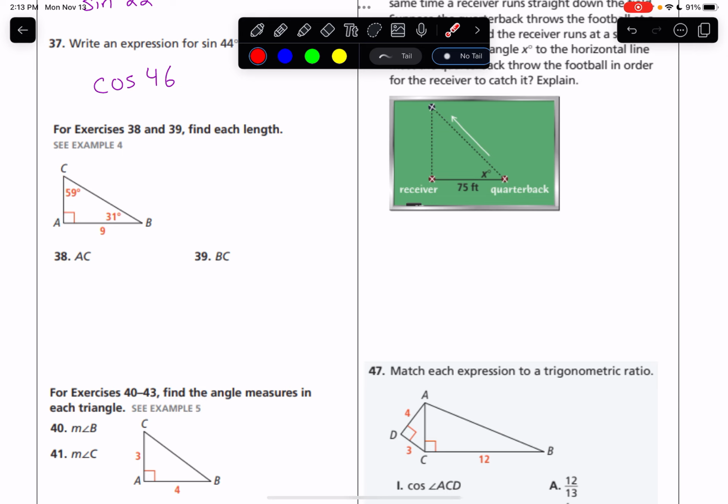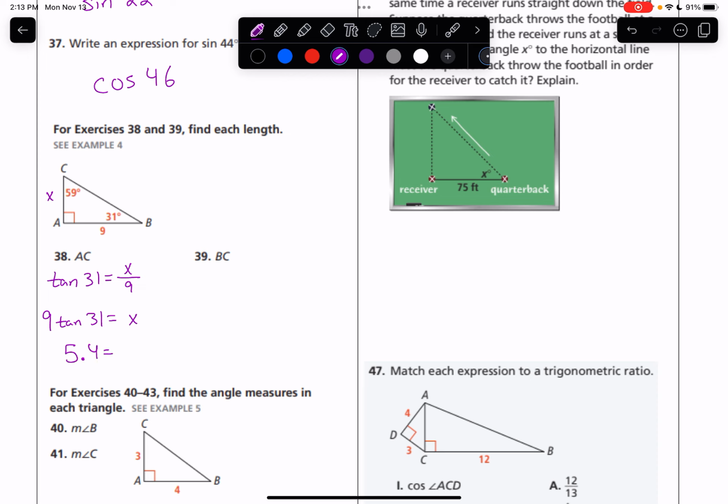And I know the adjacent side. So I can make the equation, the tangent of 31 degrees is equal to opposite, x, I don't know that side, over adjacent, 9. Then I can just multiply both sides by 9. 9 tangent of 31 is just a number, and it's a number that's equal to the length of side x. So if I take my calculator and I plug in 9 tangent of 31, I get 5.4 equals x.